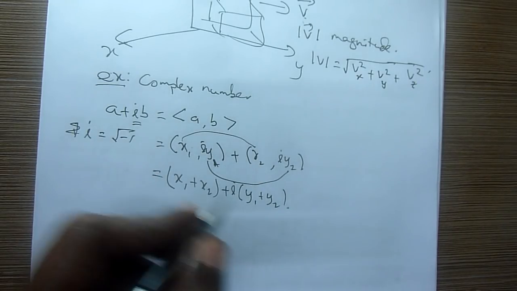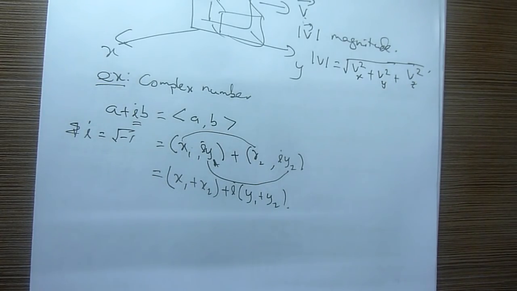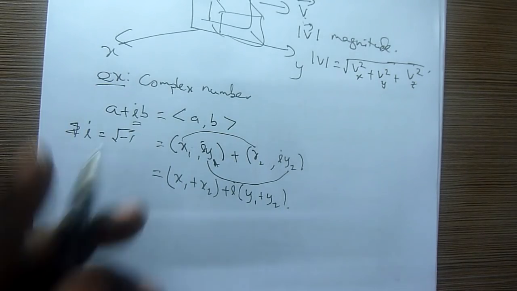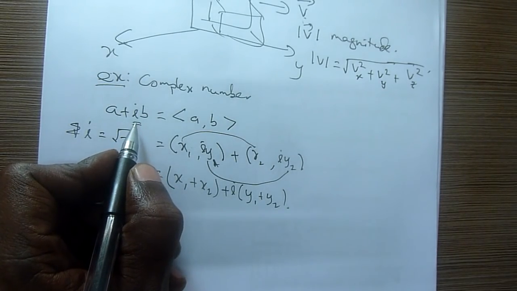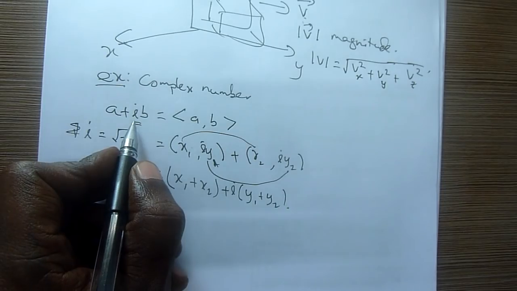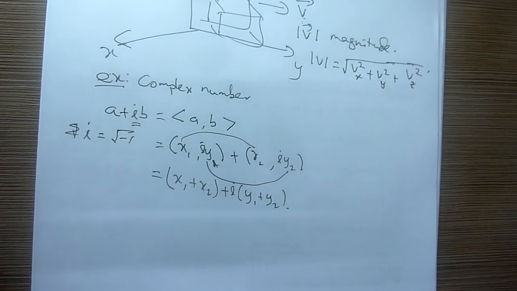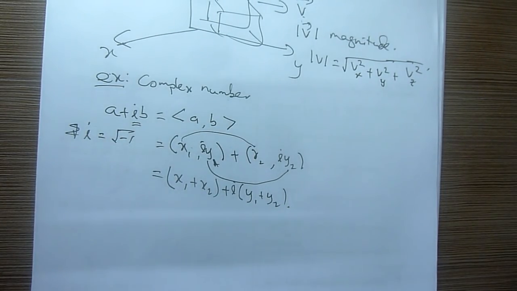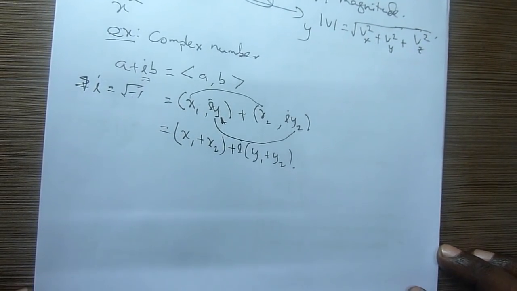This is one of the benefits, that we can explain the complex number in vector form as well, but a complex number is actually not referring exactly to a vector. A complex number by itself is a number system which we will study in a different dimension.